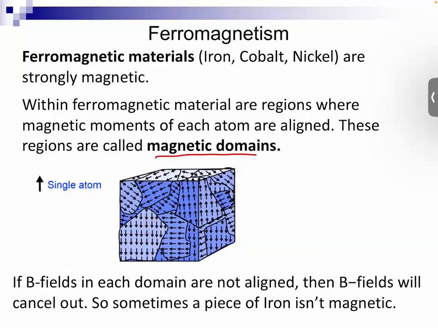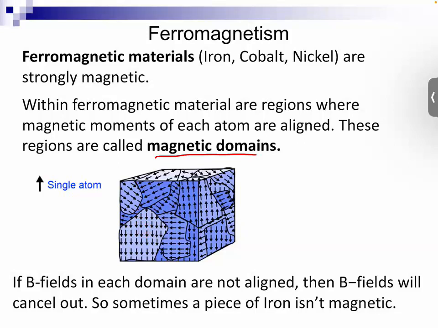So areas in the material which contain electrons that are spinning in the same direction are called magnetic domains. So this is a magnetic domain. All the electrons in this magnetic domain are spinning in the same direction, such that they create a magnetic field that's downwards.